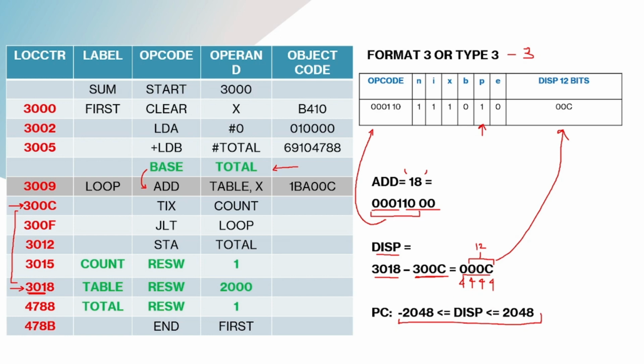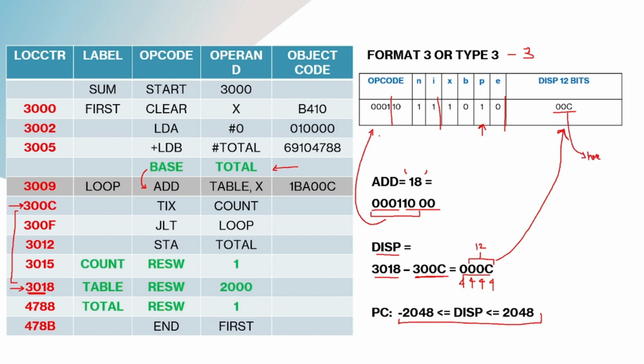If it fits in, then you're good to go. You can use the program counter relative addressing mode, and then we take in the 12 bits and put them right here. Now you've got all your values, grouping 4, then 4, then 4, and then you can use it as is because this is X.